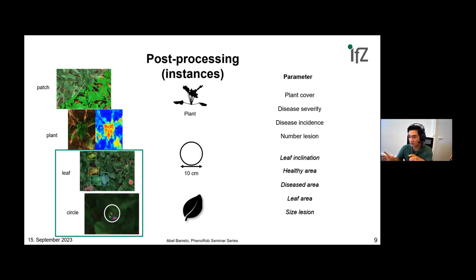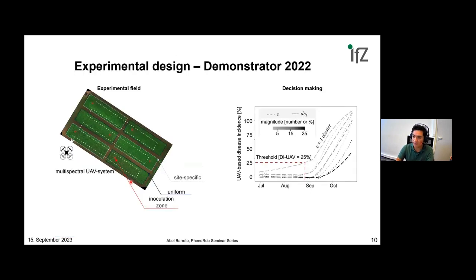By having the segmented leaves, you can check by using the slope from digital surface model, the leaf inclination, for example, the leaf healthy area between the leaves, the total area of the leaves, the size of lesion in the leaves. So there are many possibilities to deliver a different way to estimate diseases into the field.